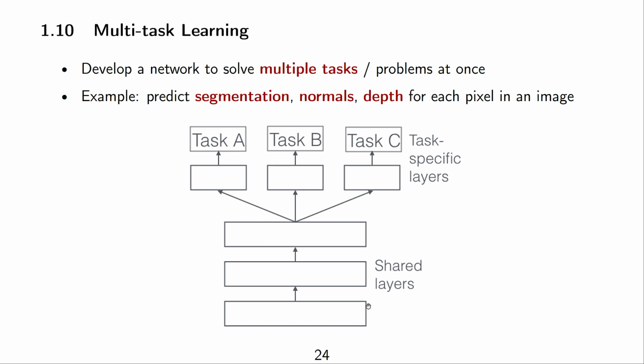So successful multitask learning would in the end have better performance on task A, task B and task C than if you would train 3 networks separately, one for only task A, one for only task B, and one for only task C.